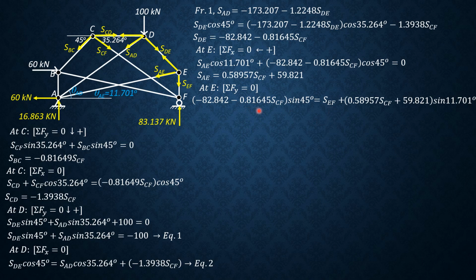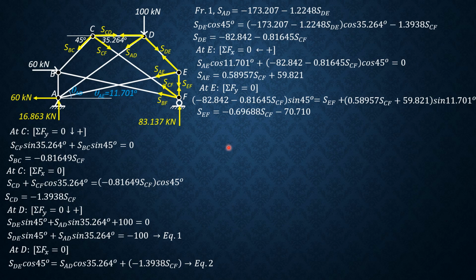So negative 0.81645 SCF sine 45 minus 0.58957 SCF sine 11.701. So that would be negative 0.69688 SCF. Then negative 82.842 sine 45, then minus 59.821 sine 11.701. That would be negative 70.710. So that is SEF. Then we proceed to joint F.